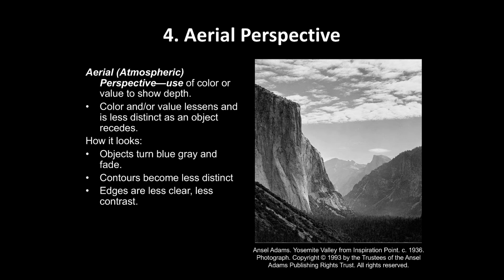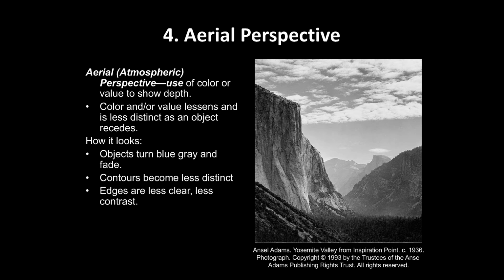So in this case, this famous painting by, or photograph by, Ansel Adams, what's happening is that you can see that towards the foreground, objects are more distinct, there's more contrast, and then way off in the background you can see that the values are actually getting closer together. So you can see the value of the sky and the value of that mountain are getting relatively close, and then there's not much contrast.